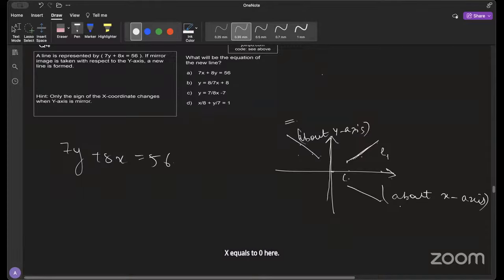So if this point is 1 comma 2, then the image of this point about the y-axis is going to be minus 1 comma 2, right? So the image of this line about the y-axis, your y remains the same.